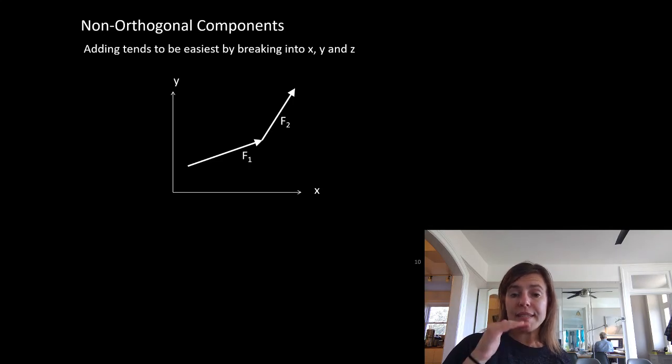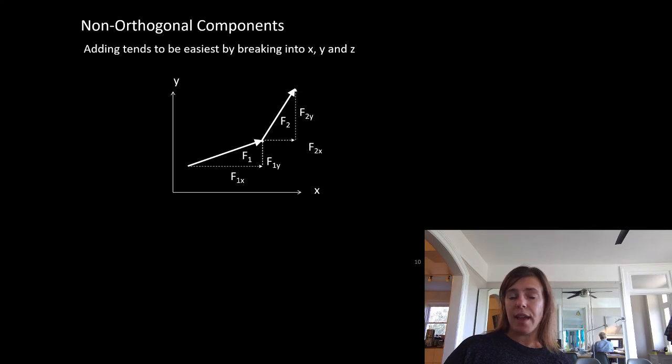If things are in the same axes, the addition is linear. So if we break f1 into its x and y components, and we break f2 into its x and y components, we can add up f1x and f2x, and then we can add up f1y and f2y.